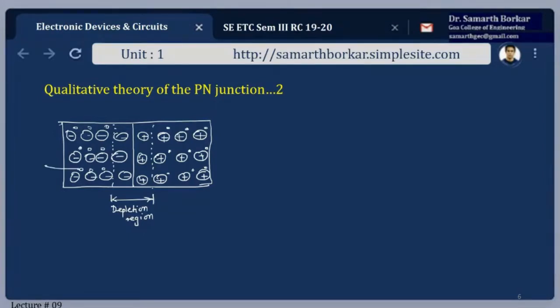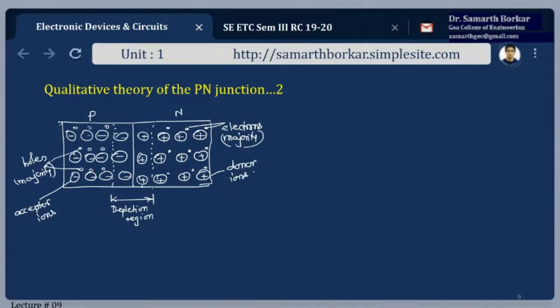What you see here are the holes, which are majority charge carriers in the p-type region, and here what you see are the electrons, which are also majority charge carriers for the n-type region. Clear? Now these are acceptor ions and these are donor ions.